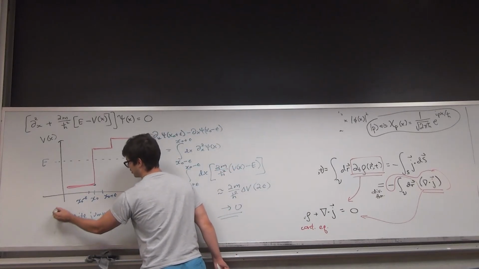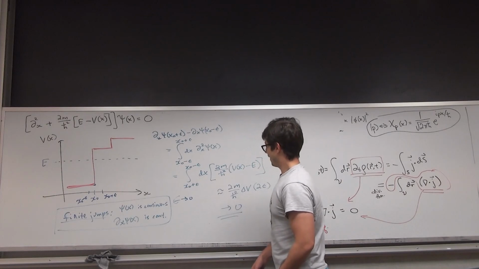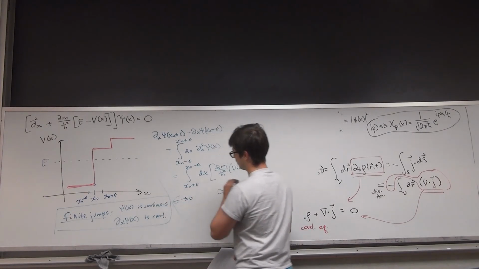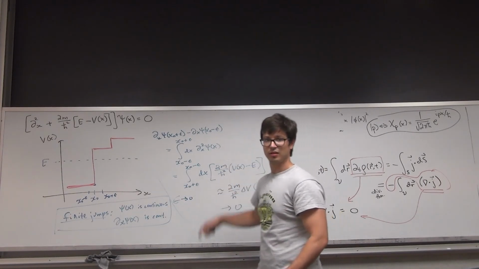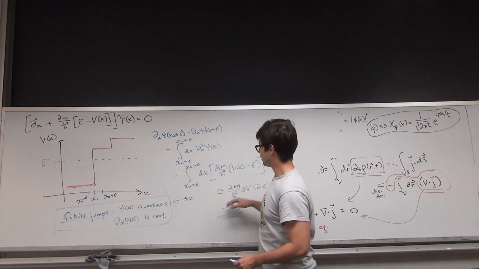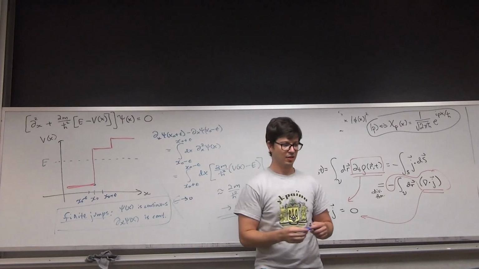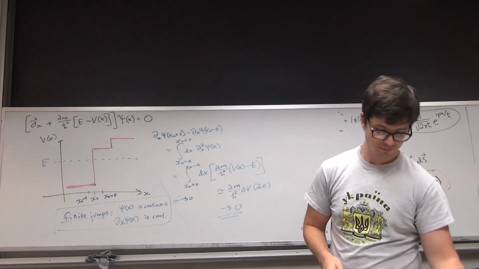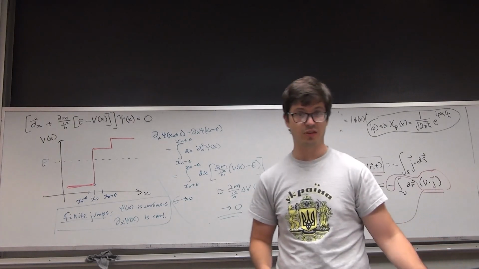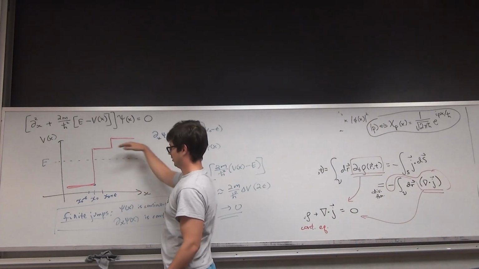So that's just true for these jumps. And so that's the proof for the first derivative, that it can't jump if V doesn't go off to infinity or something. Okay, so that's good. And we're going to do a simple example first of just a single step.